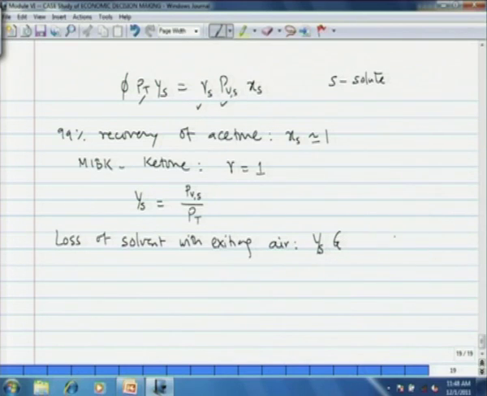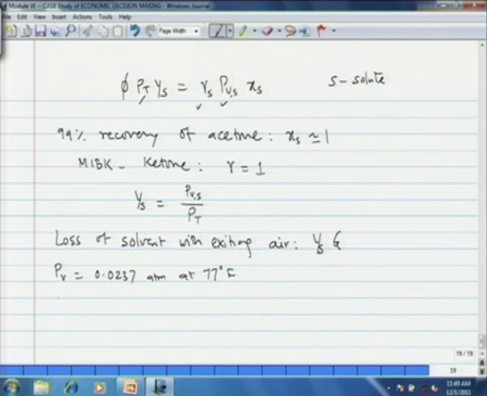Okay. And now, in the present situation, let us say we talk of using MIBK. Now, MIBK has a vapor pressure of 0.0237 atmosphere at 77 degrees Fahrenheit. We are talking of operation at atmospheric pressure.